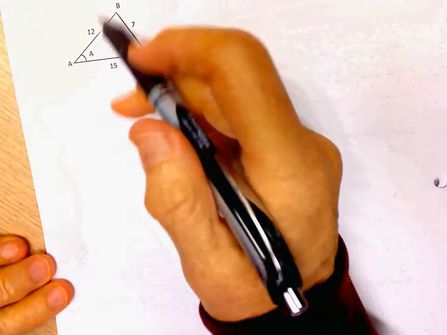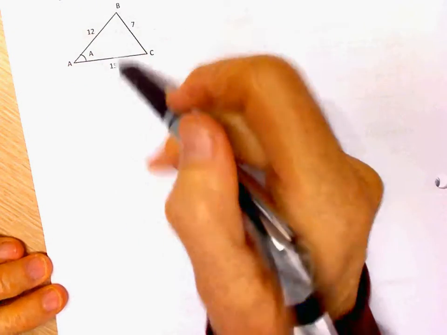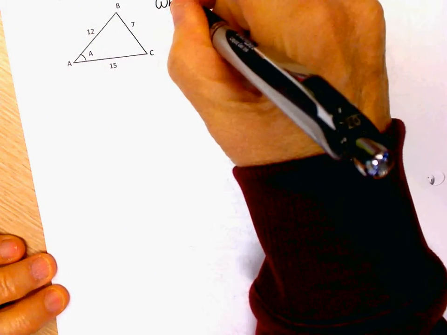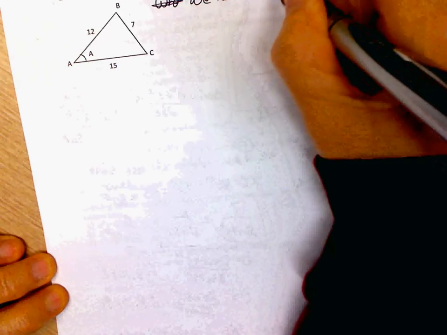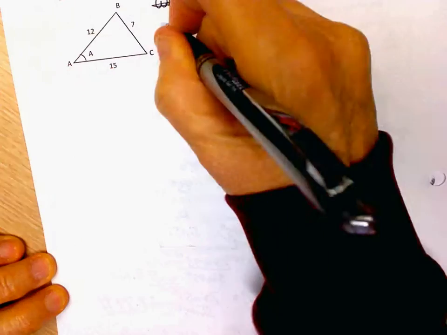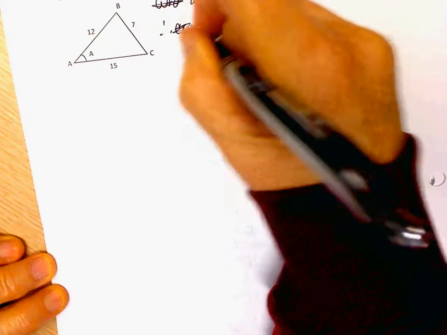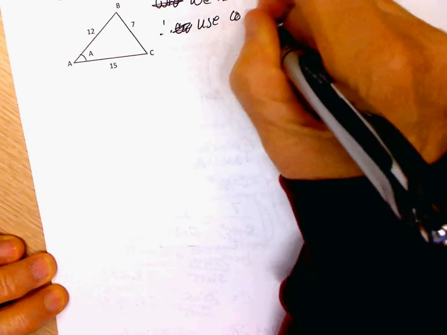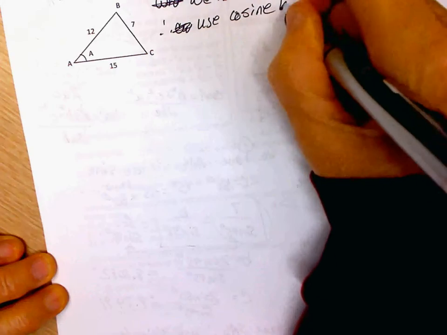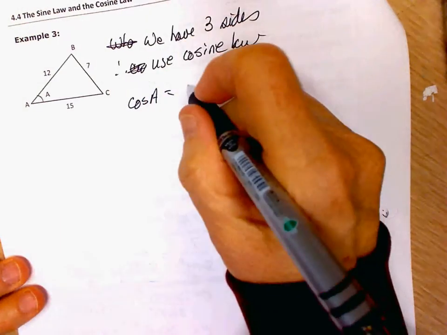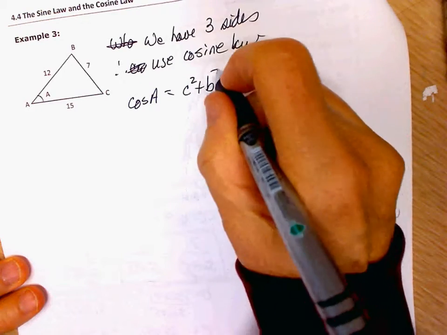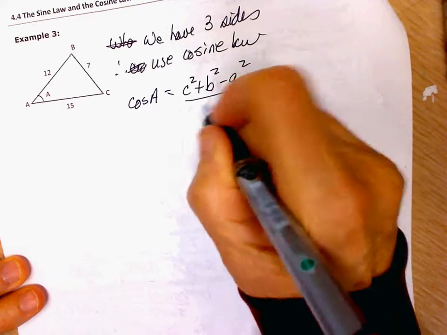Okay, we are given 3 sides, so what should we use? So cos of A equals c squared plus b squared minus a squared all over 2cb.